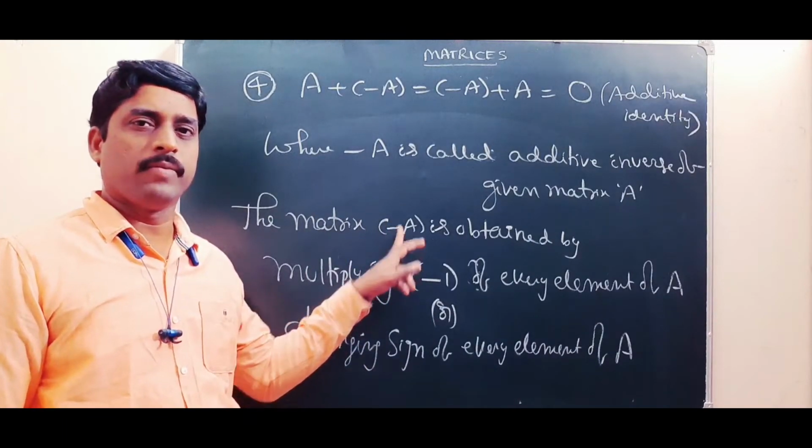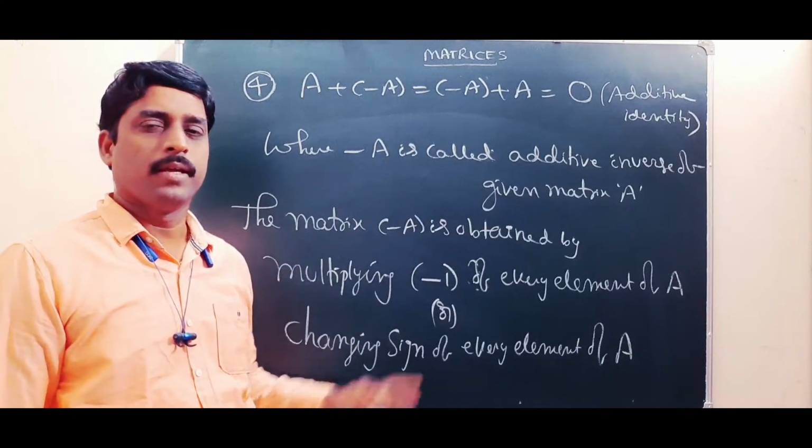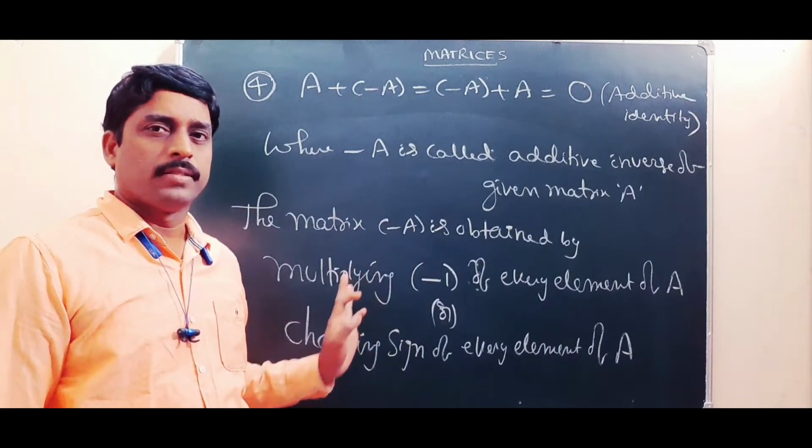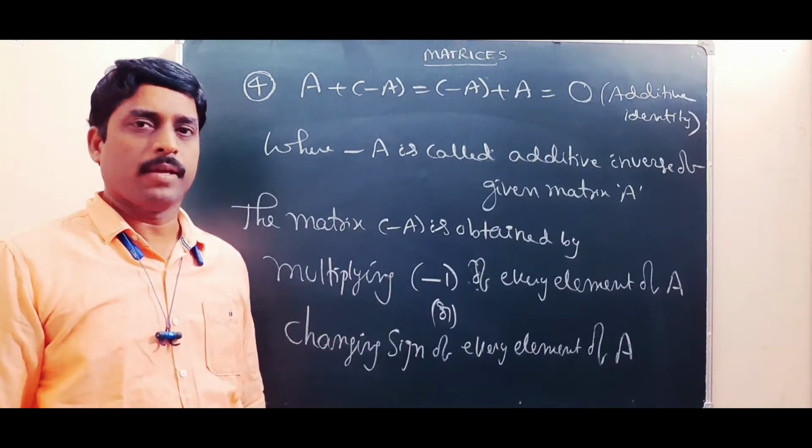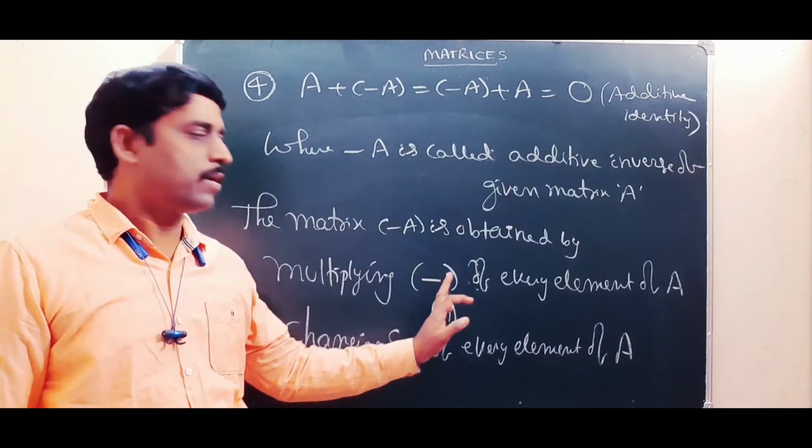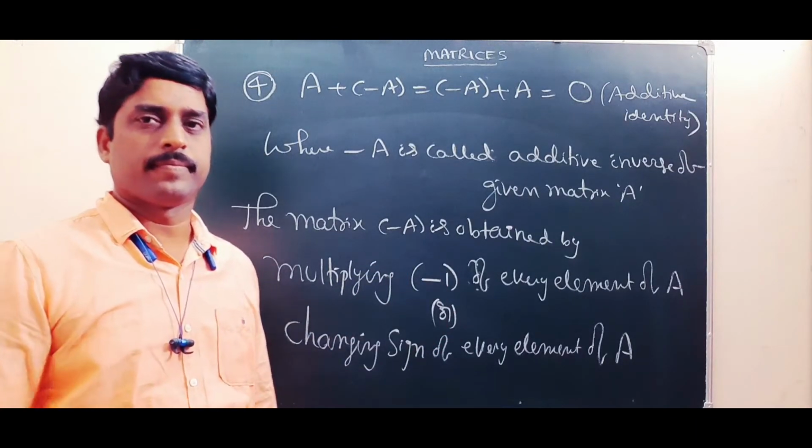Minus A is the additive inverse of A. It is obtained by changing the sign of every element of A, or multiplying every element of A by minus 1.